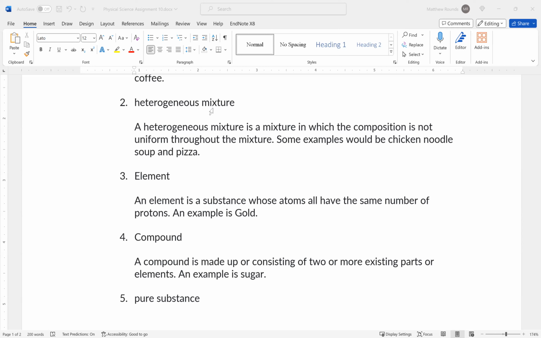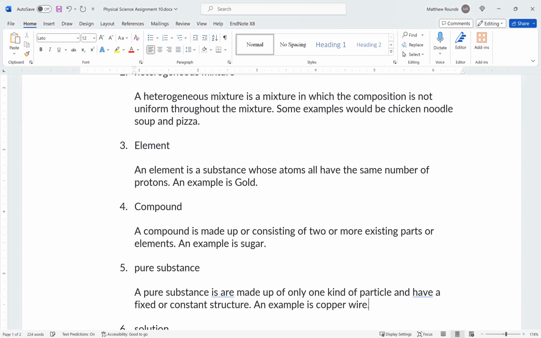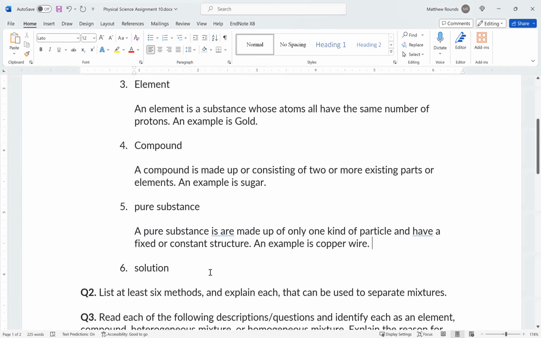All right, here we go. So let's be more specific. It could be a copper example, like copper wire. It takes a shape or a form. Good. Right.